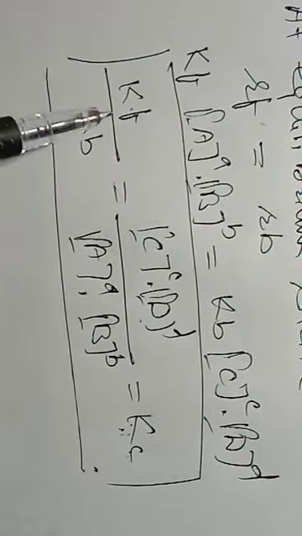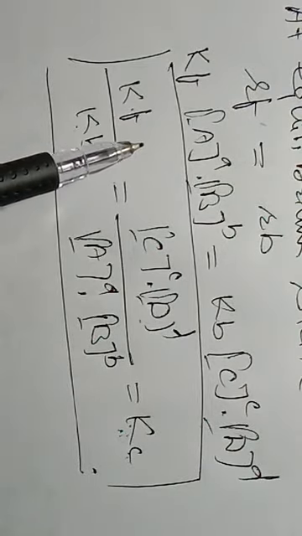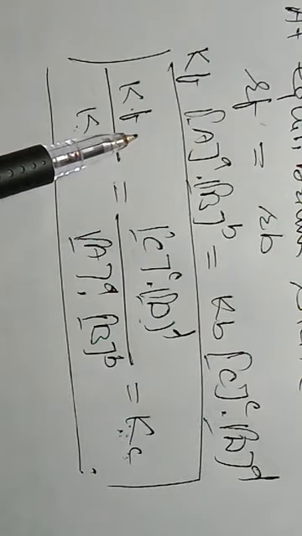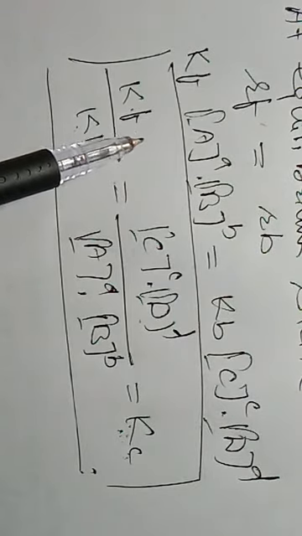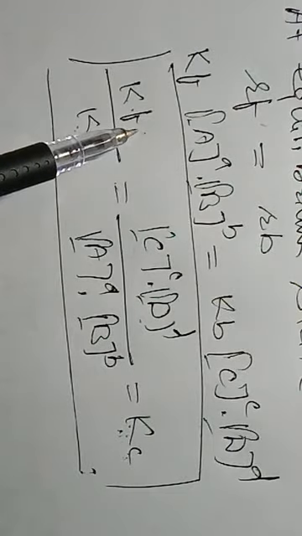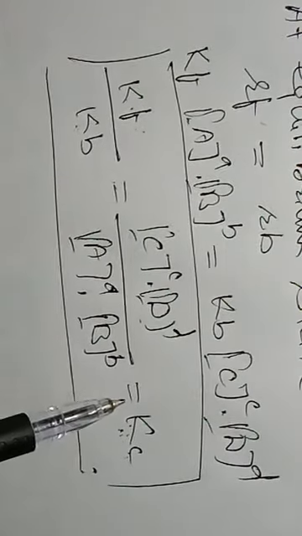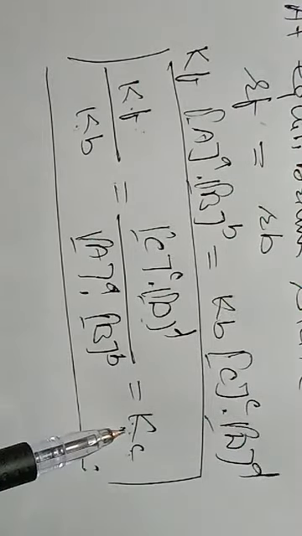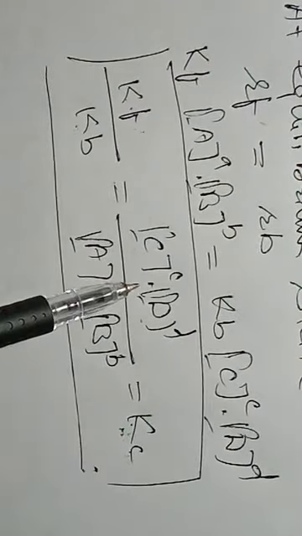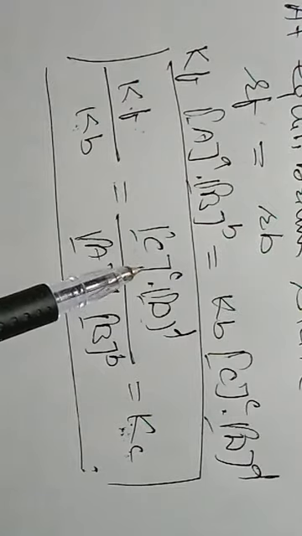So Kc. So according to the first definition of the law of chemical equilibrium, at a given temperature, the ratio of the rate constant of forward reaction over the rate constant of backward reaction is equal to a constant which is known as the equilibrium constant. And we can define this relation in other words also.